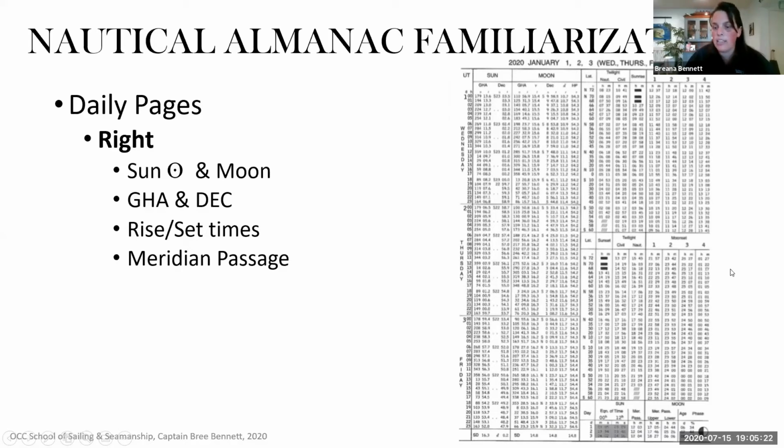And then on this side, we have civil twilight and nautical twilight for the sun and the moon. So we have sunrise, moonrise, sunset, and moonset for all of your different latitudes. And then we will get into the corrections of how you can correct those.